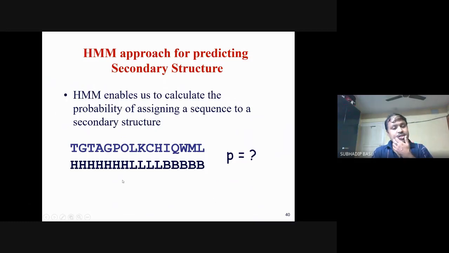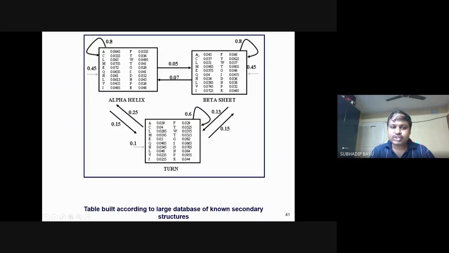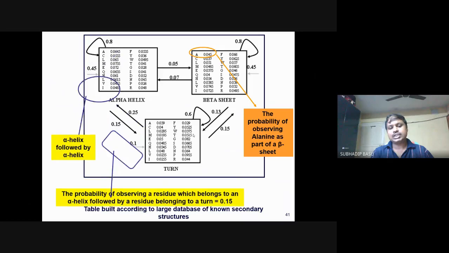That can be done using the Viterbi algorithm. So with the known state transition, observation probability, and initial probability matrices, you can use a hidden Markov model to predict secondary structure from a given sequence.